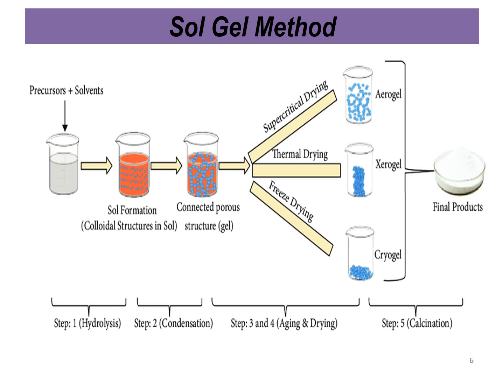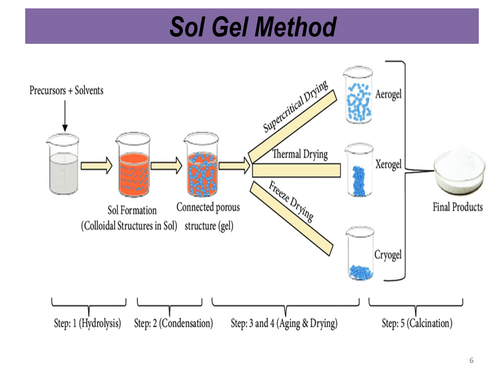This is the diagrammatic representation of the sol gel method. We may take a glass beaker, and we add the precursor as well as solvent into the beaker. We do the stirring for a certain time, and stirring results into the sol formation.